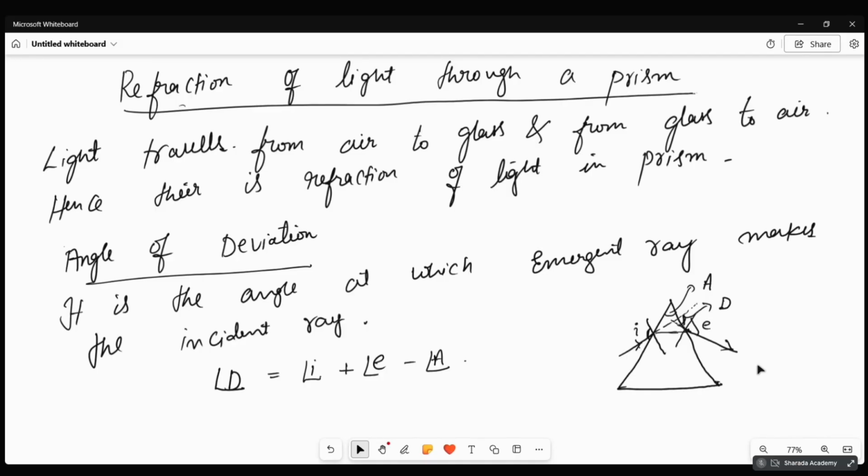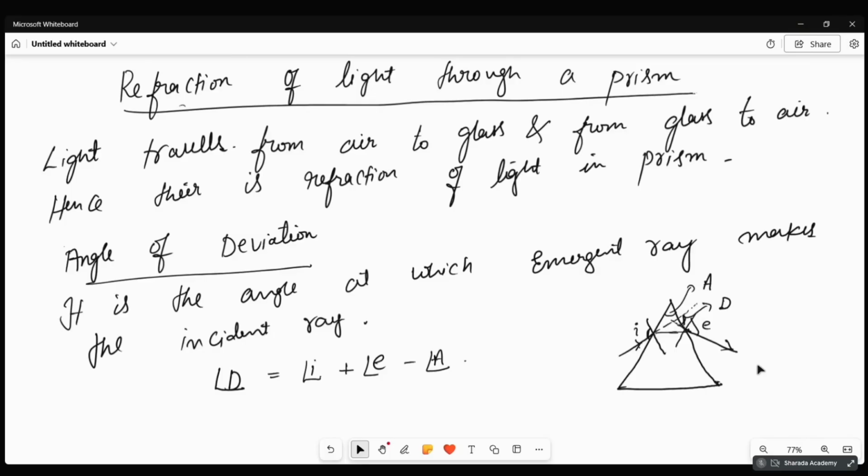Now, the angle between the incident ray and the emergent ray, we call the angle of deviation.